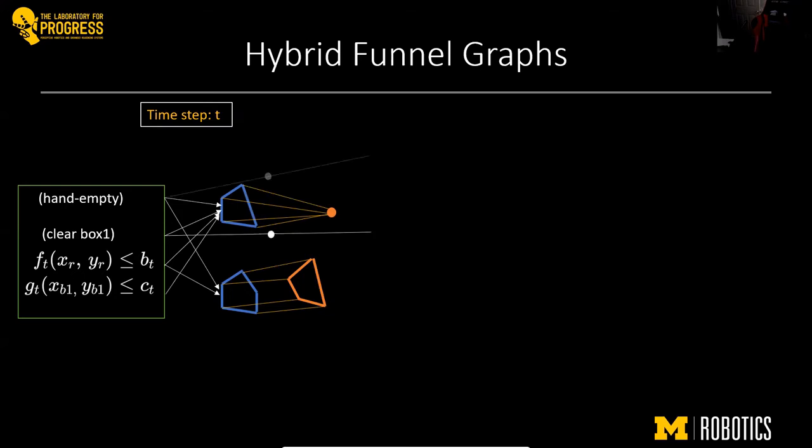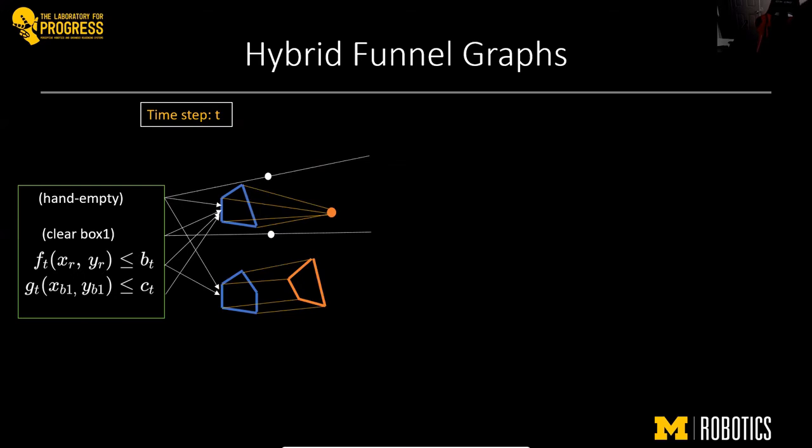We also have a different type of funnel, which are identity funnels, and we call them the no-op funnels. These funnels represent identity operations, that is, actions that do not make any change to the states. And so these funnels have the same symbolic preconditions and symbolic effects.